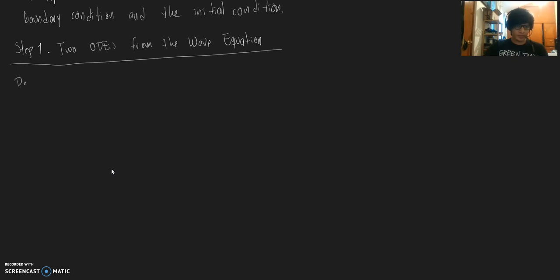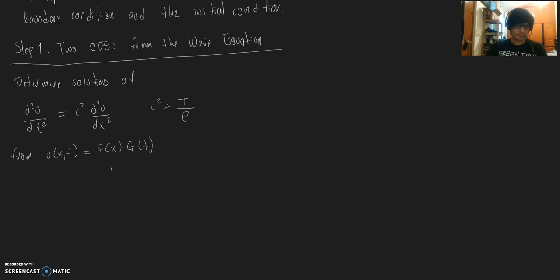So we have to determine solutions of d squared u over dt squared equal to c squared d squared u over dx squared, where c squared is equal to T over rho, from a function u of x comma t equal to f of x multiplied by g of t.